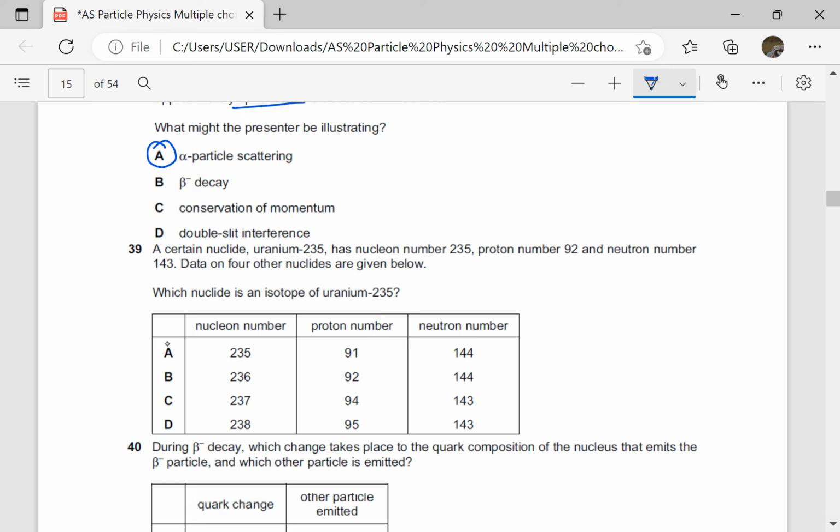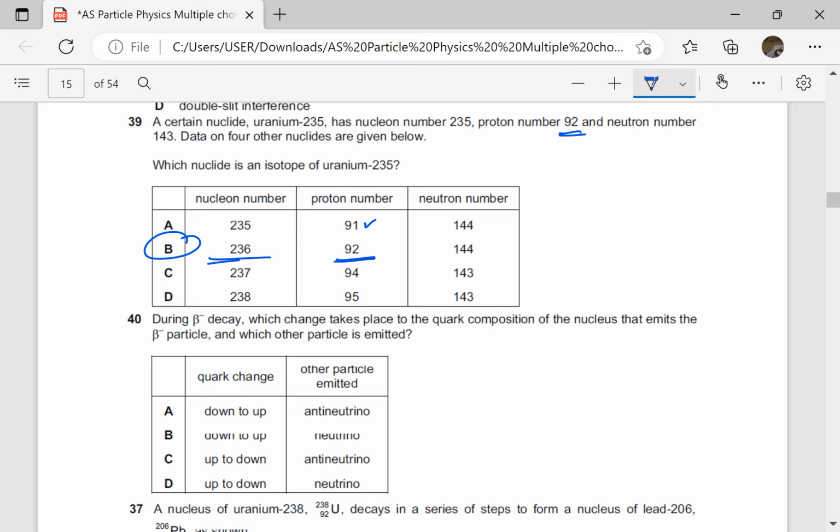So 235 has proton number 92. We need a nuclide with the proton number 92, and that is B, because an isotope has the same proton number, so that is B.